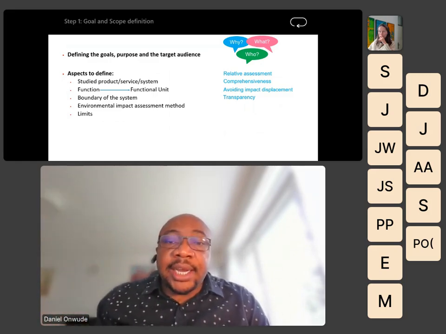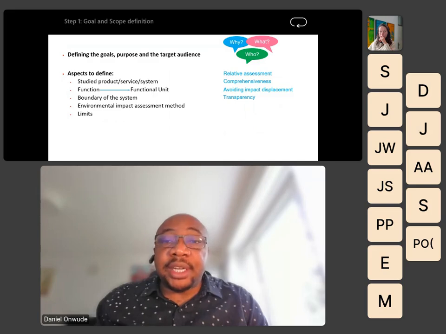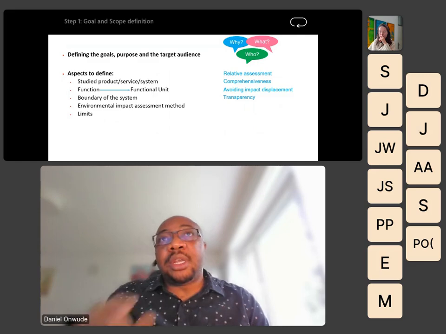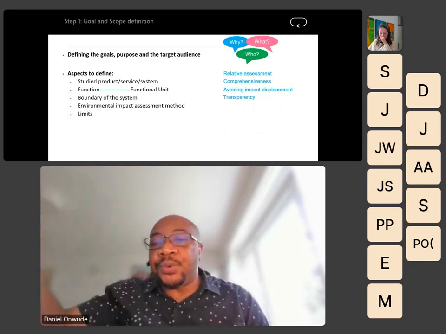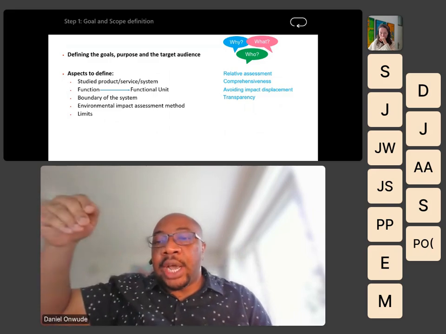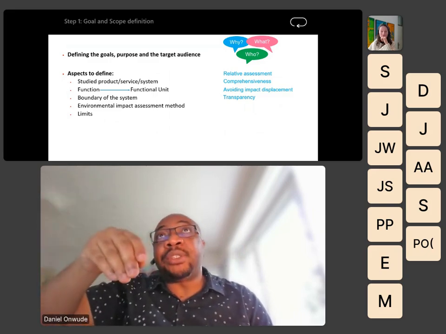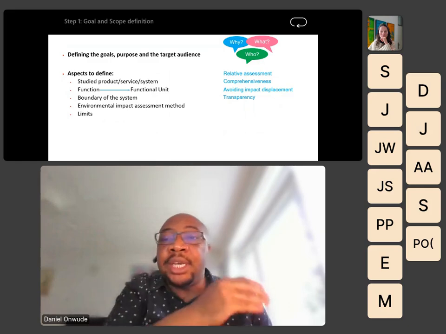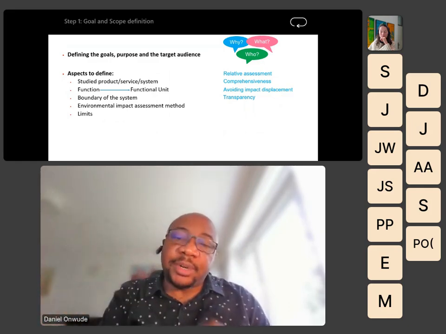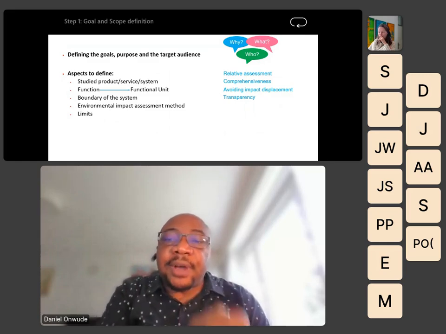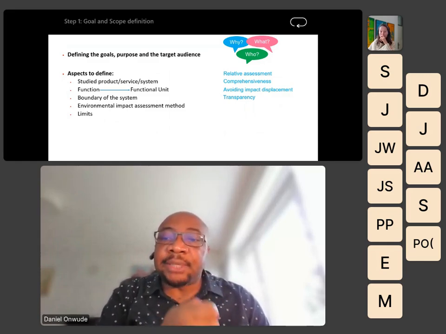Okay. Then next, we choose the environmental impact assessment method. So this is also very critical, because the method you choose would define the final value that you get at the end. And again, one thing that we've seen is that each method could give you a different final value. But the most important thing is for you to be transparent about it. So meaning you have to define what environmental impact assessment method you want to use.